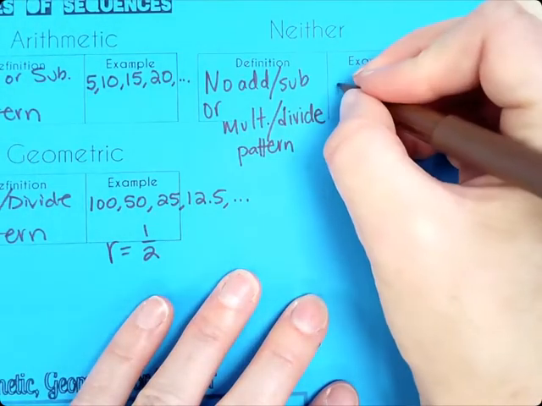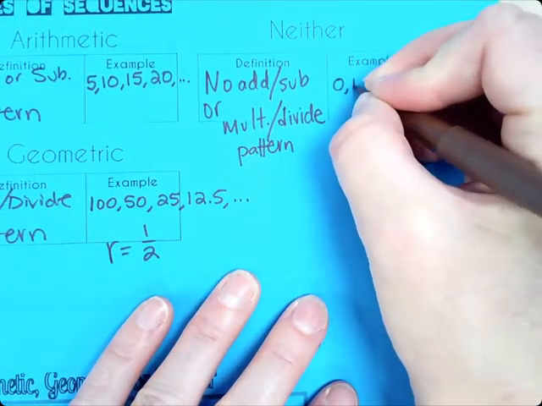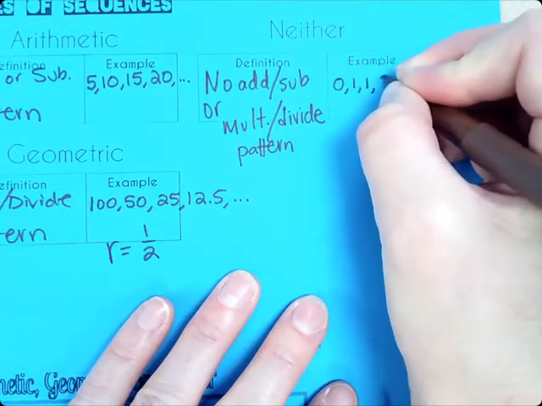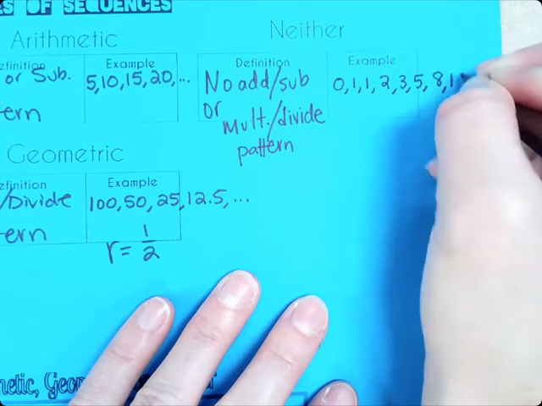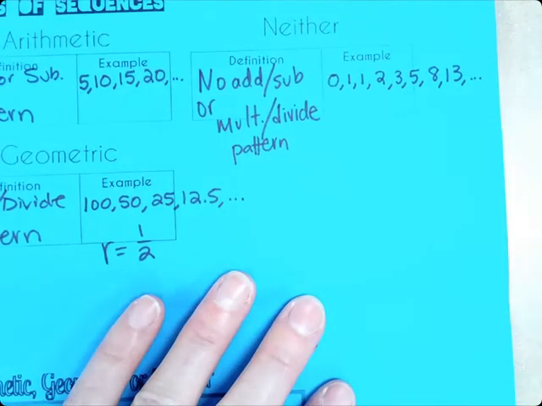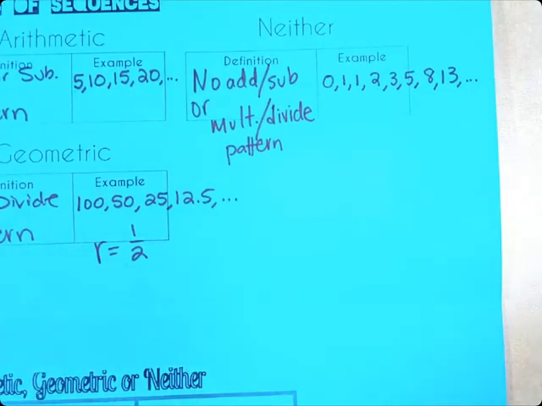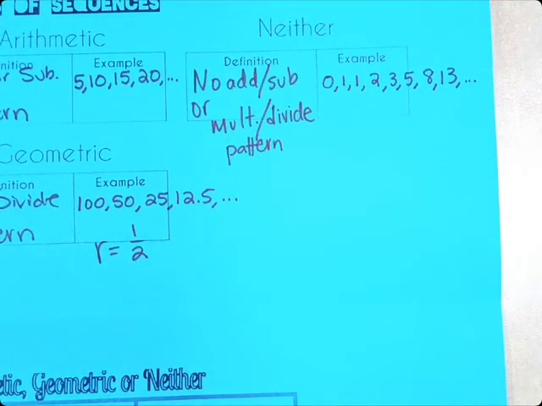An example would be 0, 1, 1, 2, 3, 5, 8, 13. See if y'all can figure out what the pattern is. No, there is a pattern. It's just not add, subtract, multiply, divide. It's something with the previous.